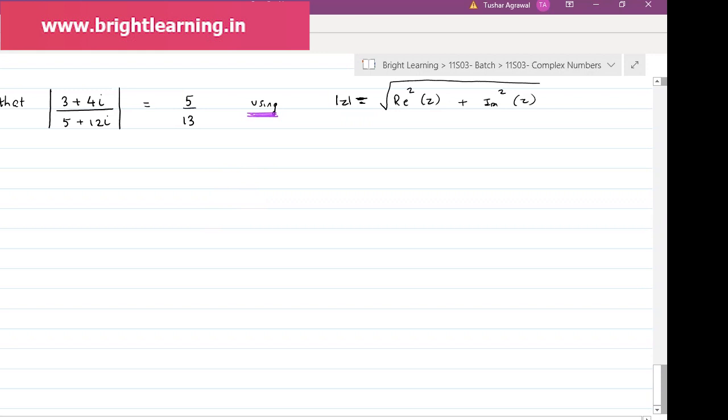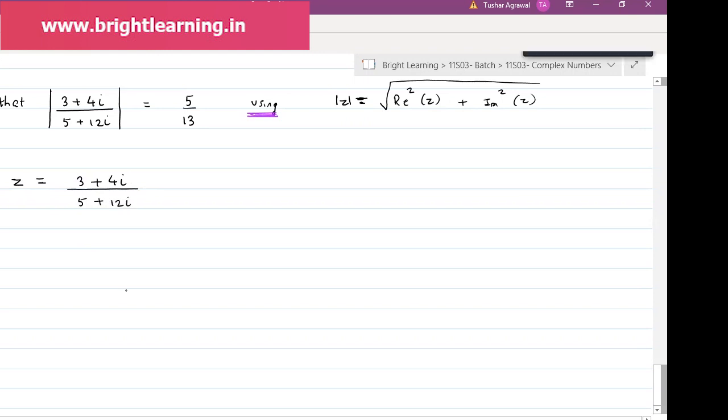Afrin, are you getting it? Afrin and Dhananjay also joined. Yes, sir. What will be the real part of this complex number? See, z is equal to 3 plus 4 times i upon 5 plus 12 times i.